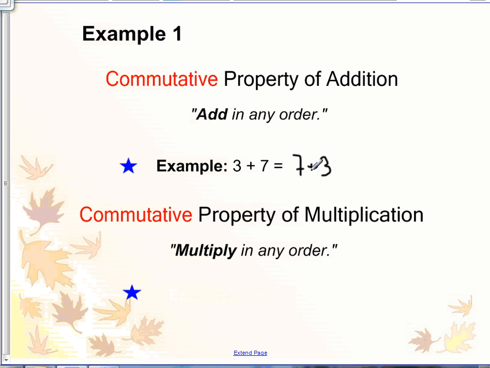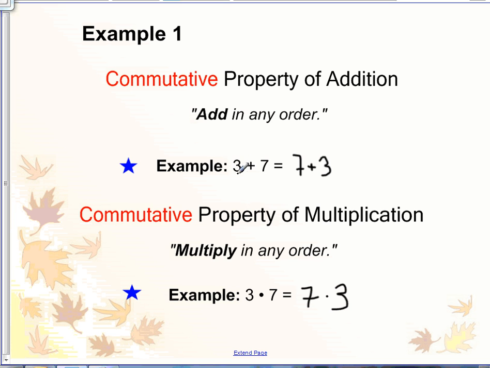Same as when you multiply in any order. So 3 times 7 would be the same as 7 times 3. Okay? It doesn't change the answer.